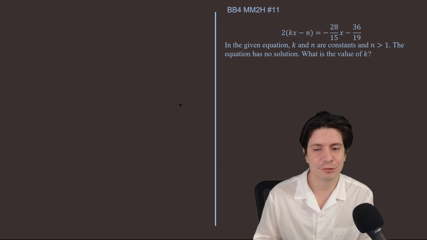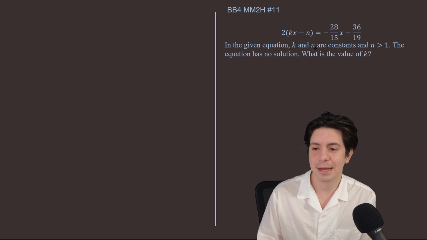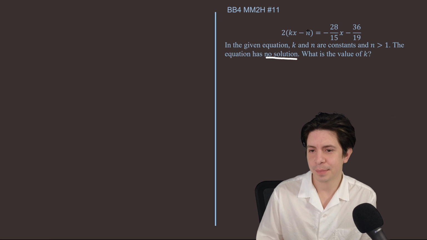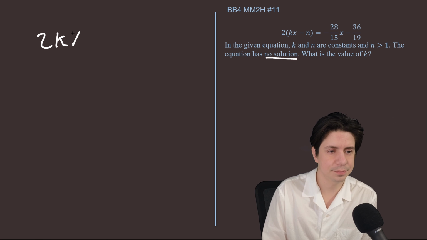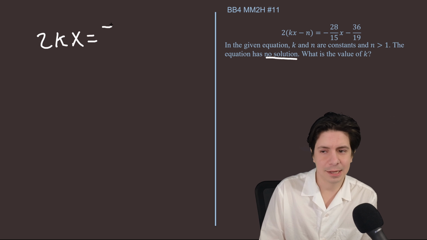All right, after this, we'll be halfway through. We're doing a great job. In the given equation, k and n are constants, and n is greater than 1. The equation has no solution. What is the value of k? So when it has no solutions, that means they're parallel with different y-intercepts. So the n doesn't actually matter. What matters is the thing x is being multiplied by. So that'll be 2kx equals negative 28 over 15x.